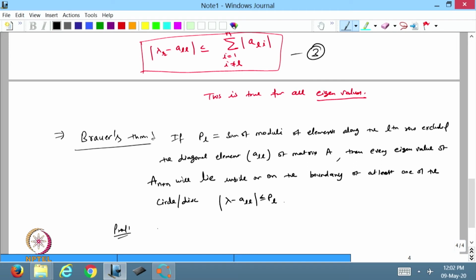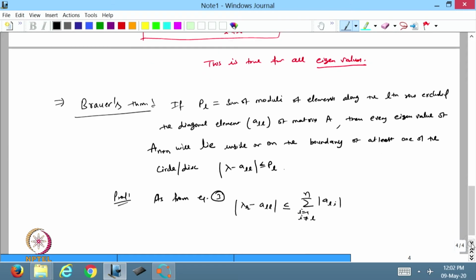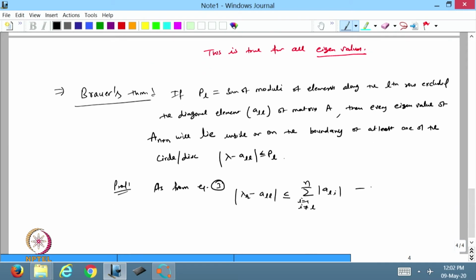As from equation 3 we can say that any |λ_r minus a_ll| is always less than or equal to the summation of |a_li|, i from 1 to n and i not equal to l. So, I call it equation 4.